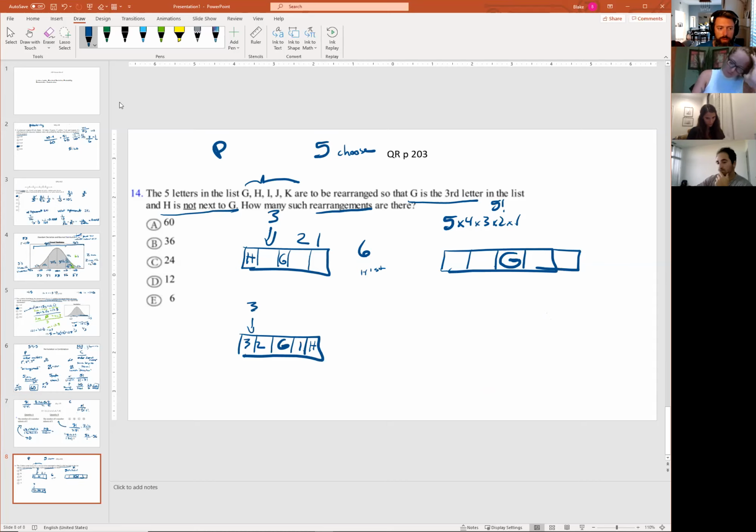And then we can do 1 spot here. And so then we get another 6 if H is fifth. So we end up with 6 options where G is in the middle and H is first, and 6 options where G is in the middle and H is last.